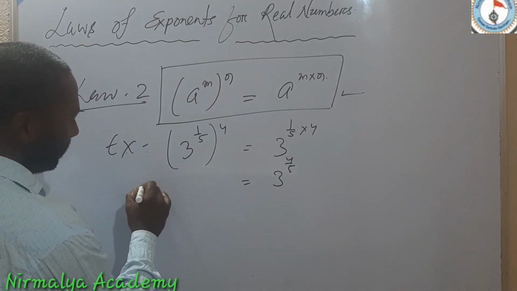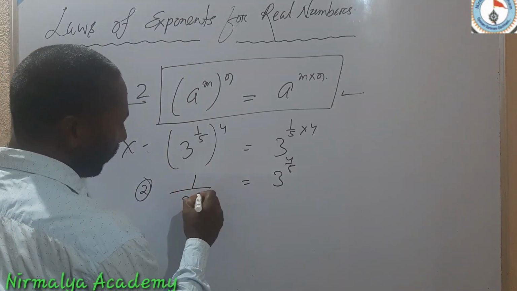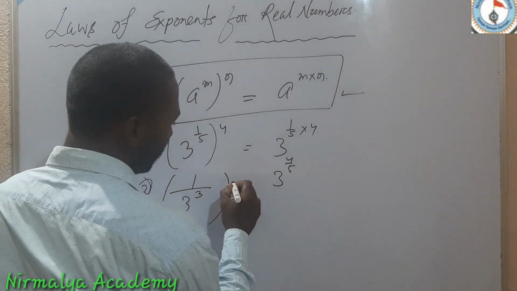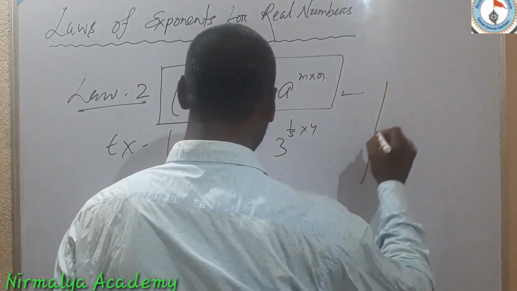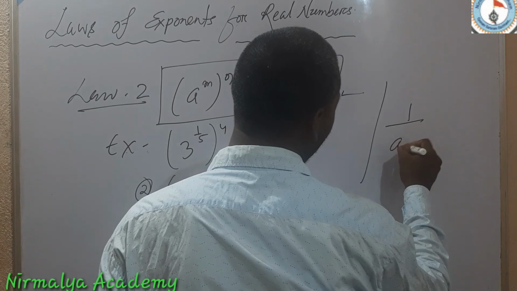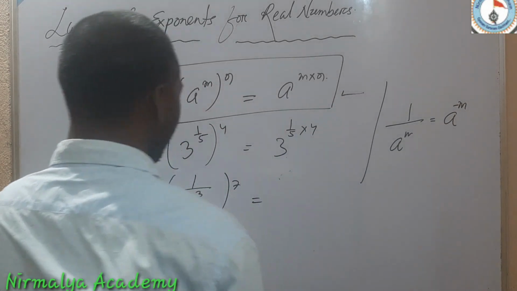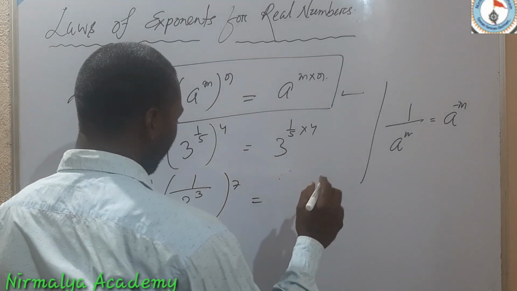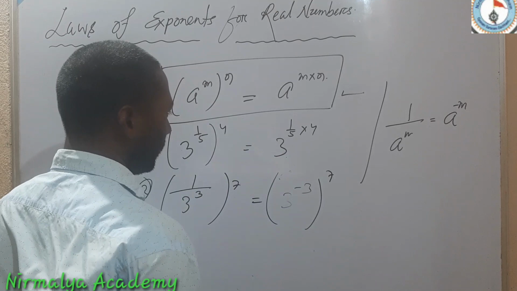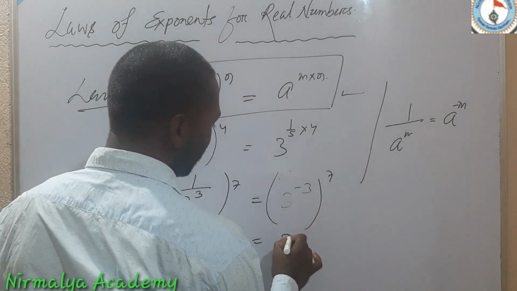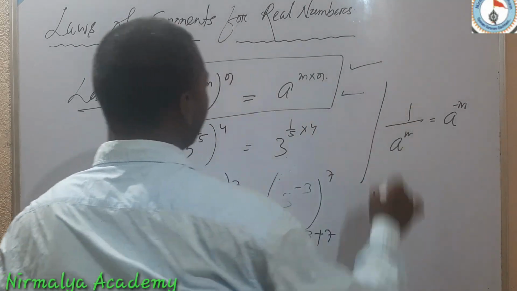Let's take another example. 1 by 3 to the power 3 whole to the power 7 equals... we know that 1 by a to the power n equals a to the power minus n, so 1 by 3 to the power 3 we can write as 3 to the power minus 3, whole to the power 7, equals 3 to the power minus 3 into 7, because we know the second law.